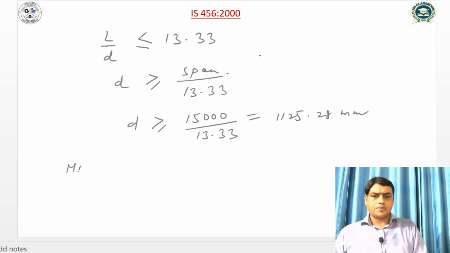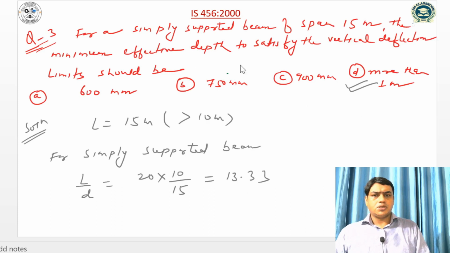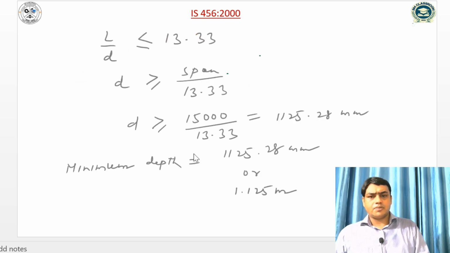So minimum effective depth is equal to 1125.28 mm, or 1.125 meter. If I see the options, our minimum effective depth should be more than 1 meter. So the minimum effective depth is equal to 1.125 meter.